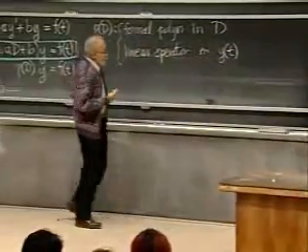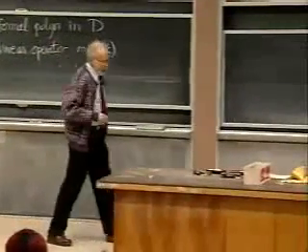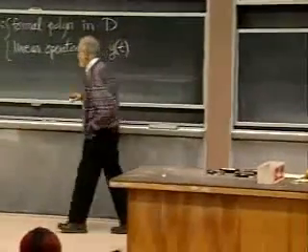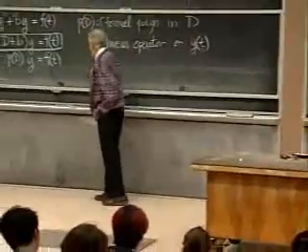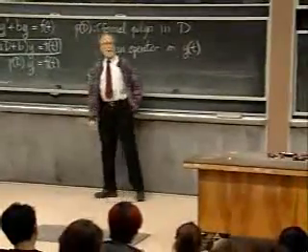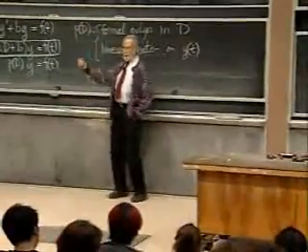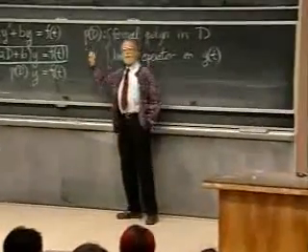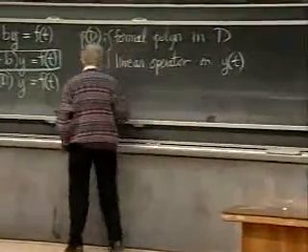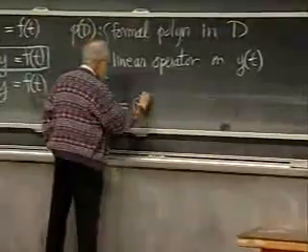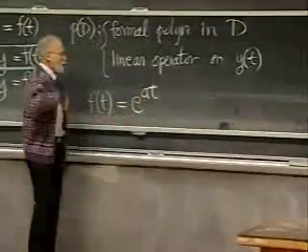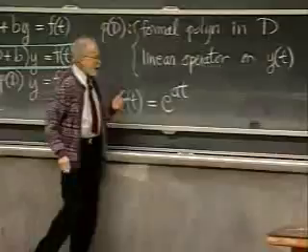Now, let me remind you of the key thing we were interested in: f of t, not any old function. We'll get to that next time, but f of t exponentials. So it should be an exponential or something like an exponential or pretty close to it.